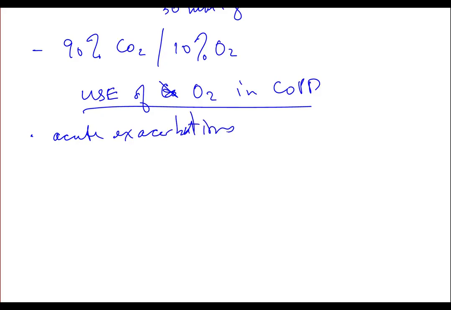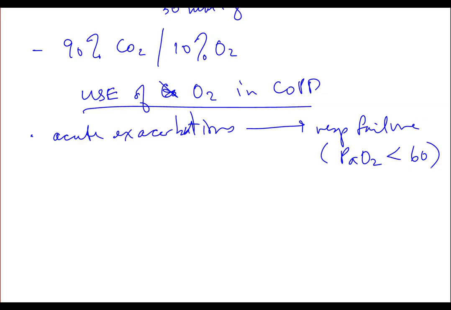With the acute exacerbations in COPD, the patients go into respiratory failure. And remember, the definition of respiratory failure is when the oxygen is less than 60 millimeters of mercury. And in this situation, you're going to give nasal O2.